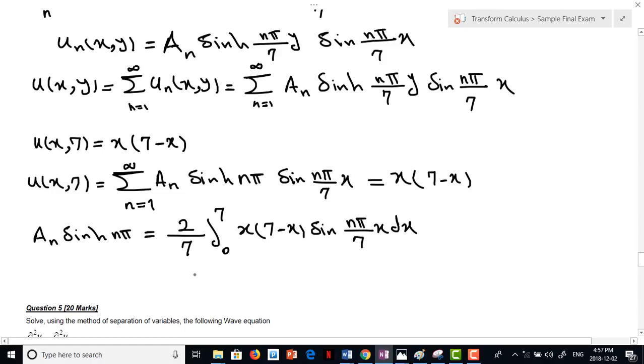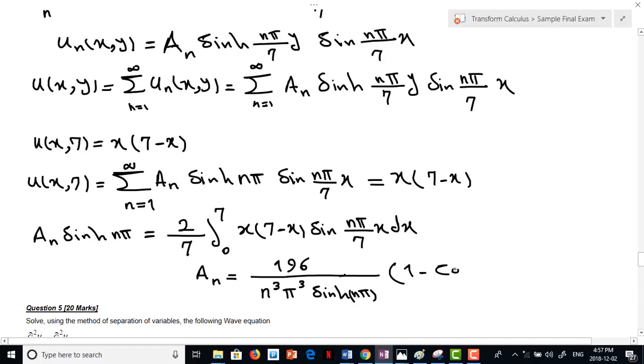So you're going to end up with an equal to 196 divided by n to the power of 3 pi to the power of 3 sine hyperbolic n pi times 1 minus cosine n pi.